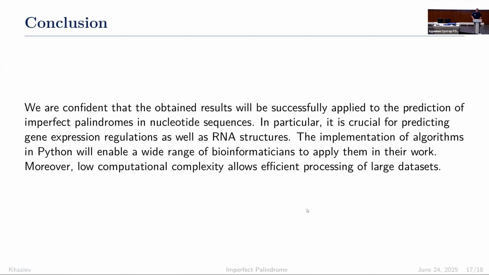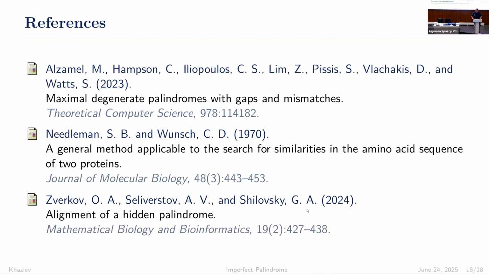They're available to anyone on our site. And since the algorithms have really low computational complexity, you could perform analysis on very large data sets. So I guess that's all that I wanted to talk about. Well, yeah, there's literature if someone is interested.